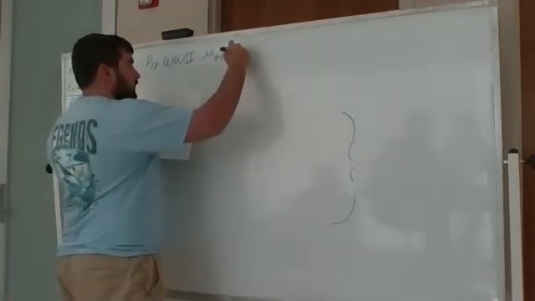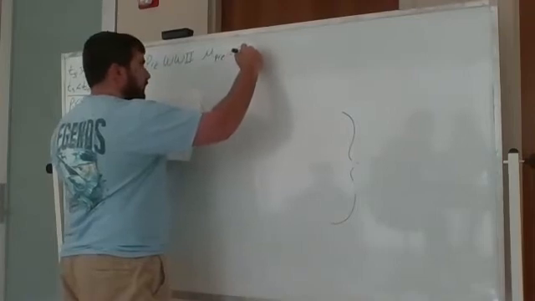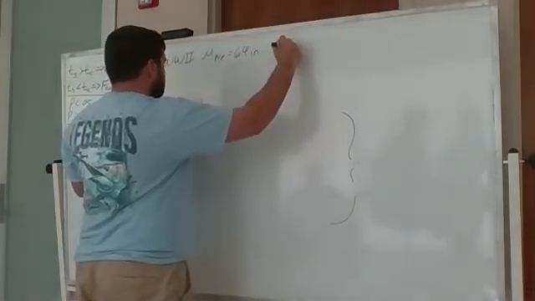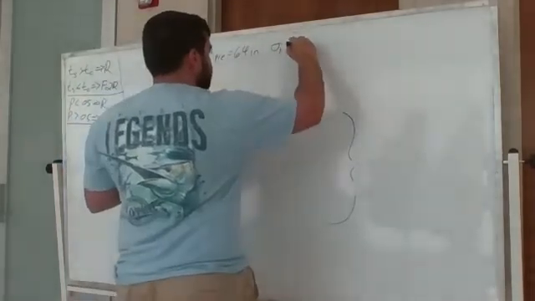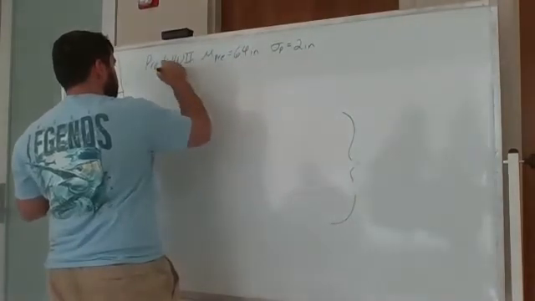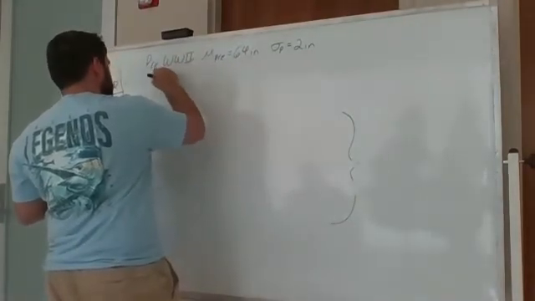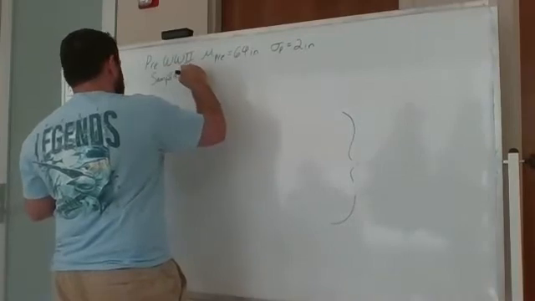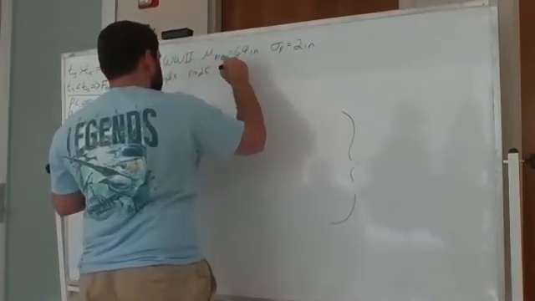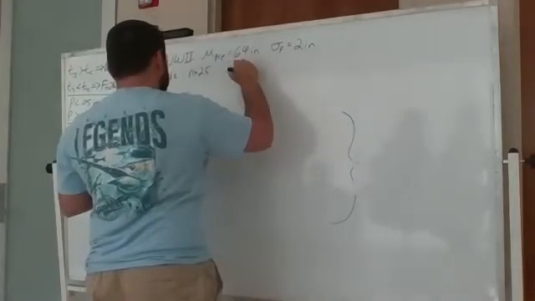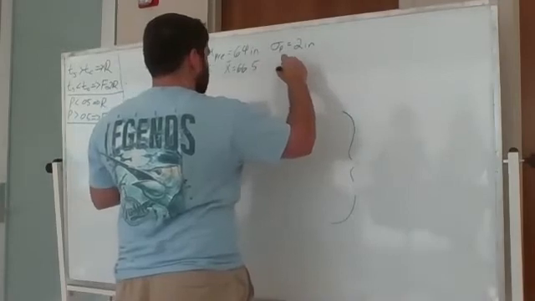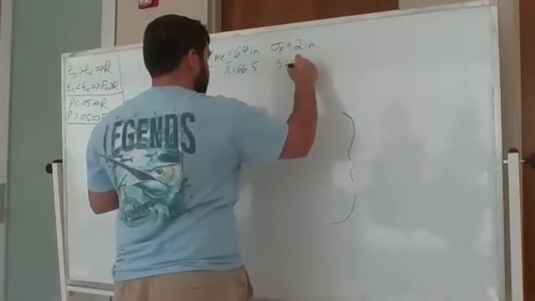So we had an average height of 64 inches and a standard deviation of 2 inches. And then our sample, we had 25 individuals and we had a sample mean of 66.5, and then a standard deviation of 3.